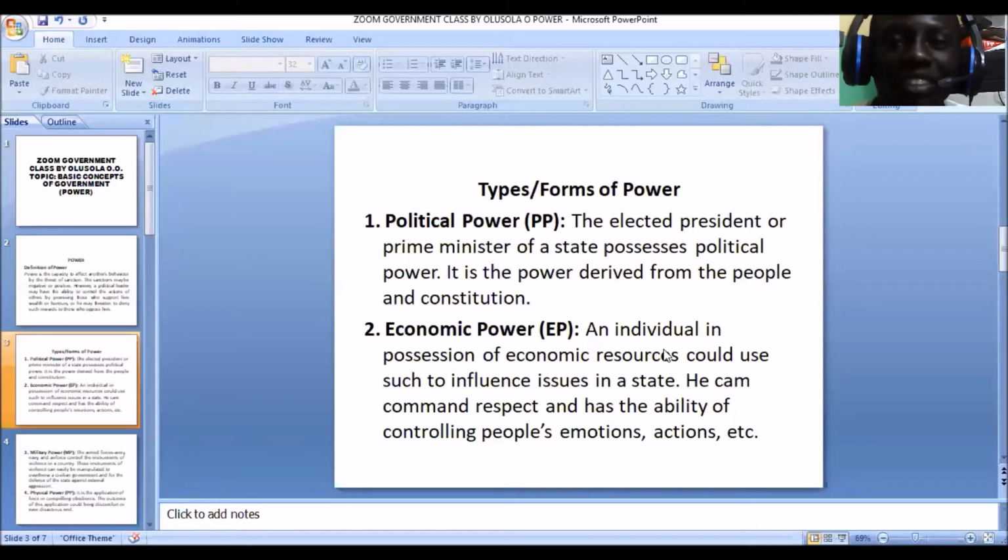He can influence a lot of things, socially, economically, even politically. I remember when Obasanjo came out of prison and was campaigning, Dangote massively supported Obasanjo.